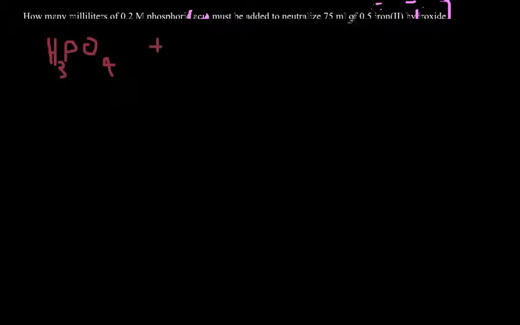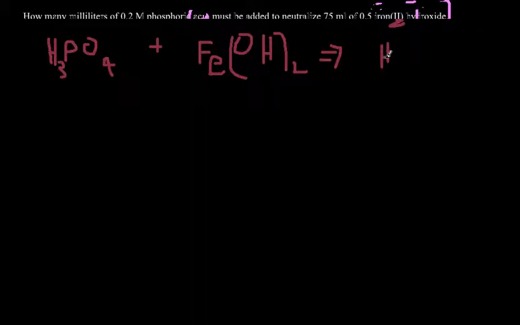Plus, you're adding this to iron(II) hydroxide, which is Fe(OH)2. This OH is 2 because Fe is plus 2. This yields the products of hydrogen, as always, water, and what's left over? We haven't balanced this equation yet, just note.